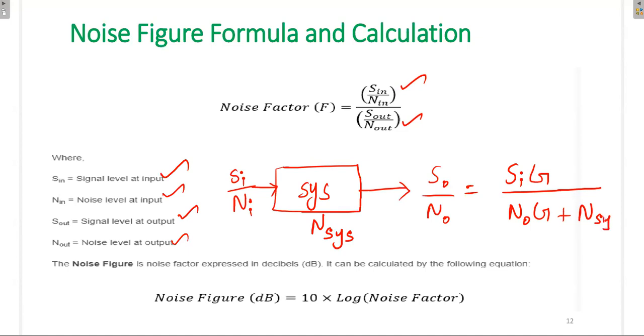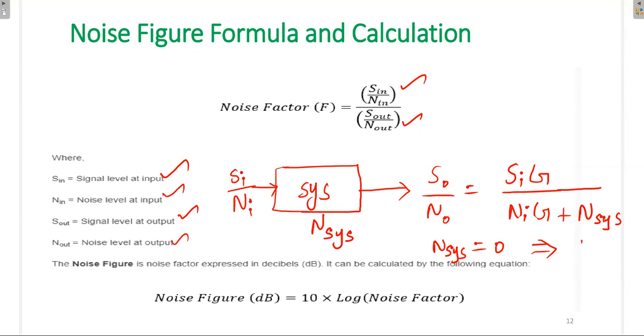Now what happens if that N system is 0, that means the system is not adding any noise? SI by NI is the same as SO by NO, so our noise figure will be 1.